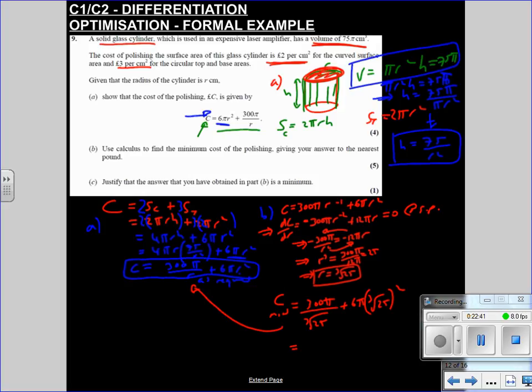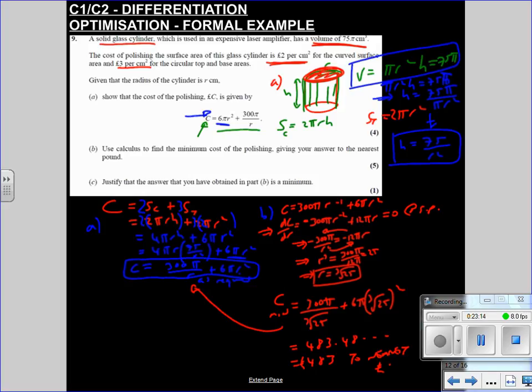So our cost minimum, cube root 25, using that answer button trick, 300 pi divided by our answer plus 6 pi answer squared is 483 pound 48, which is 483 pounds to the nearest pound. There we go. Answered. Finished.